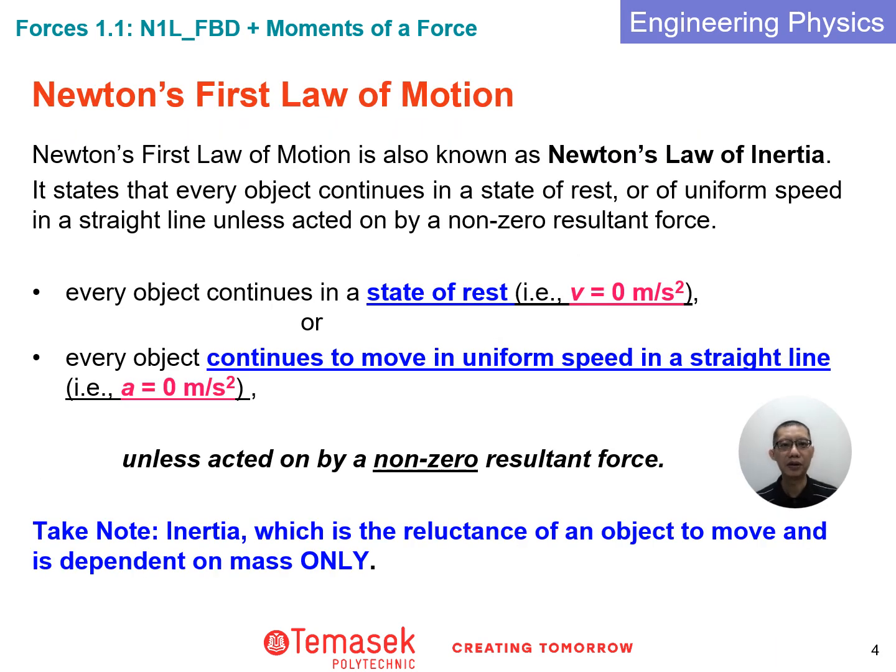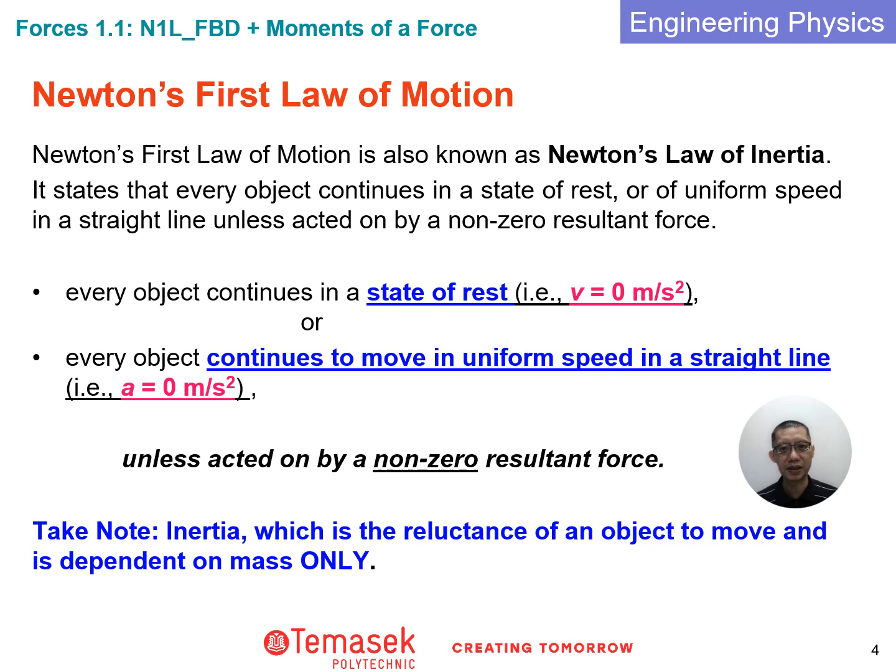Newton's first law, also known as the law of inertia, states that an object will remain at rest or move at a constant speed in a straight line, unless acted upon by a non-zero resultant force, or unbalanced forces.